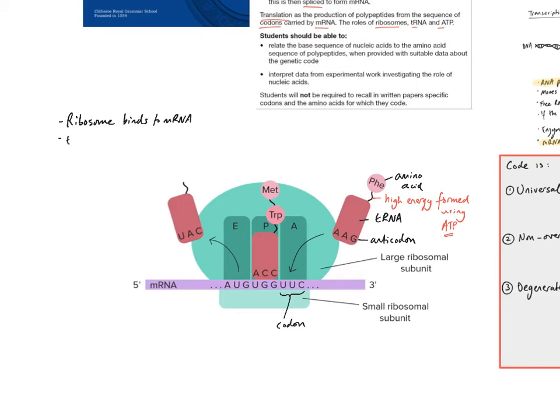So a tRNA with an anticodon that is complementary to a mRNA codon binds. What bonds does it use to bind? Using hydrogen bonds.